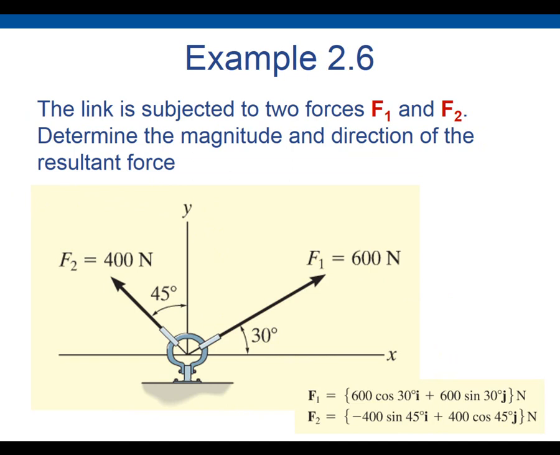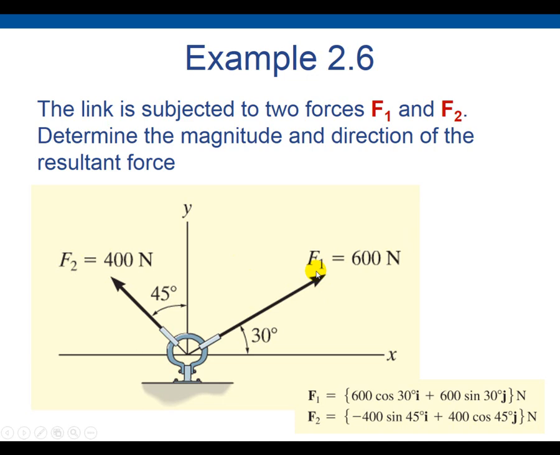Let's solve another example together. The link is subject to two forces F1 and F2. Determine the magnitude and the direction of the resultant force. So this is the problem. We need to calculate what is the resultant force from these two forces.